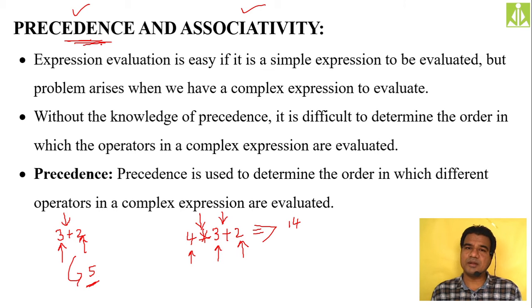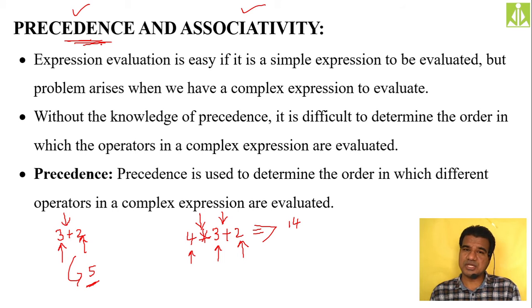This operator precedence will give us the idea of what operator we have to evaluate first and what operator we have to evaluate next, likewise. So it is a simple concept. If the expression is simple, no confusion, simply evaluate it. No need to apply operator precedence and no need to apply operator associativity.